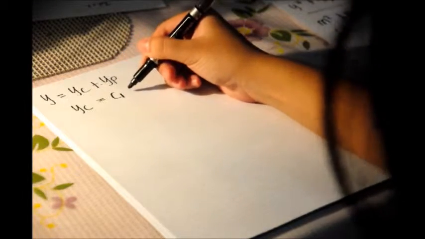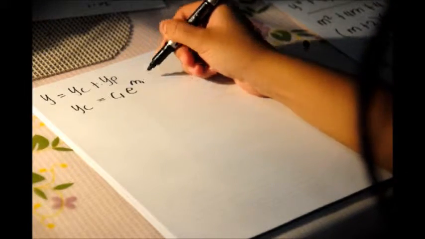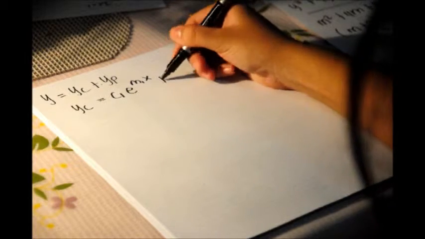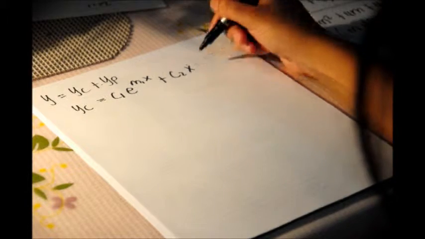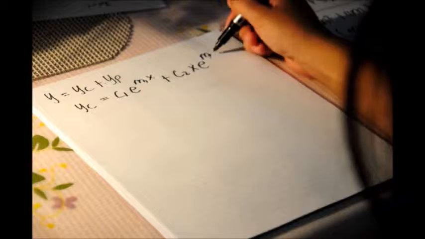So the equation for y, as we have said earlier, is y is equal to yc plus yp. We have solved yc earlier, which is c1 e to the m sub 1 x plus c2 x e to the m sub 2 x.